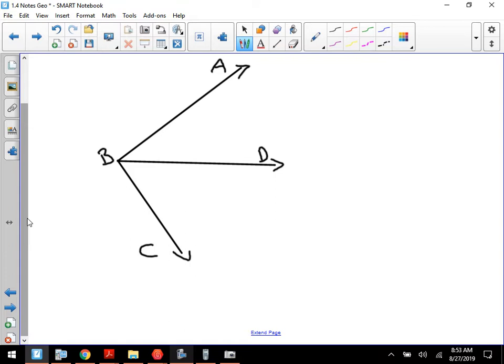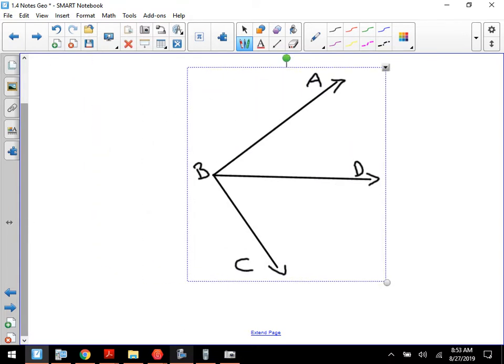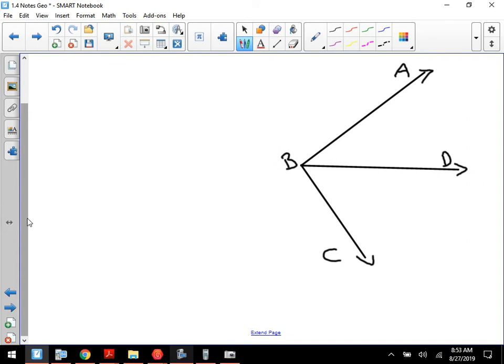Do you guys all agree then that this large angle ABC, let me zoom in a bit, is angle ABD plus angle DBC. And this is where geometry can get kind of messy. There's a lot of letters. Your handwriting, you have to try and write neatly so you can understand what you wrote.